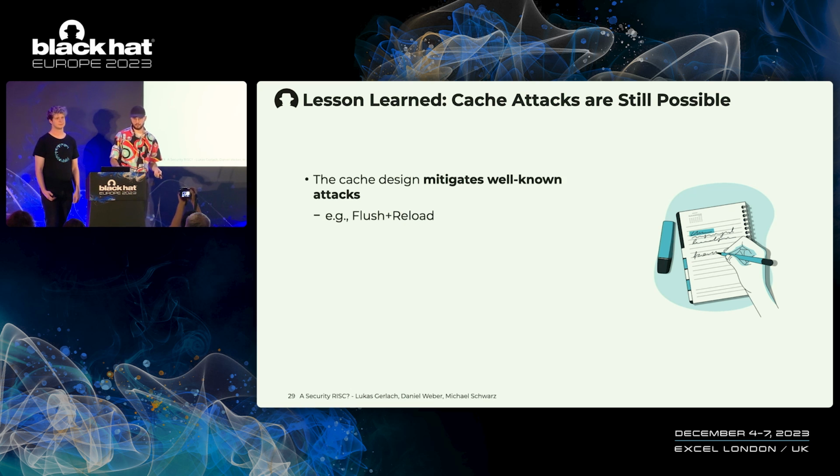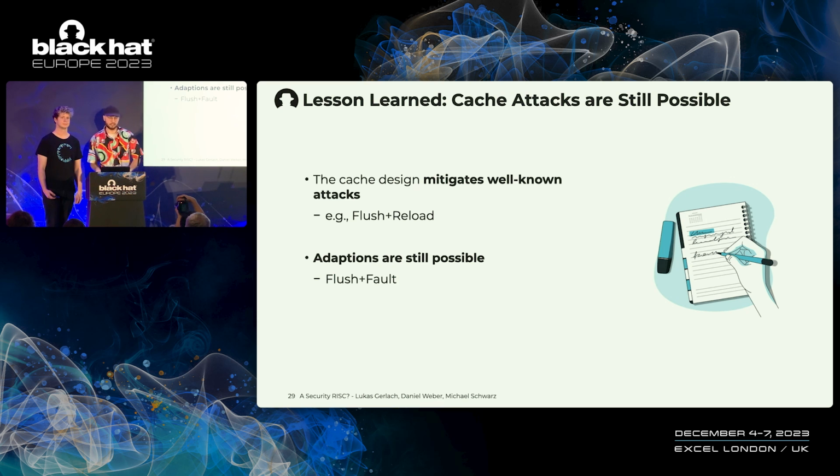So flush and reload, we basically fixed, but if we adapt our attacks to, for example, flush and fault, where we do not need this load, but rather execute directly and get the timing there, we can still mount attacks.